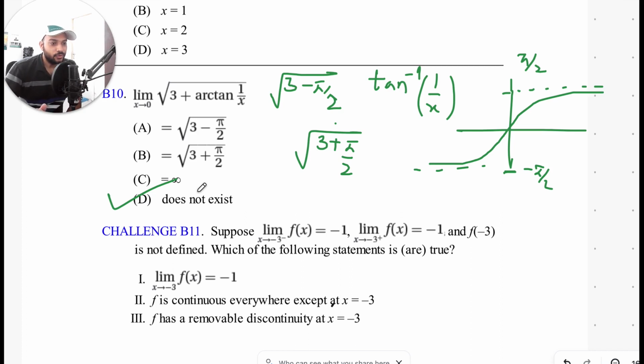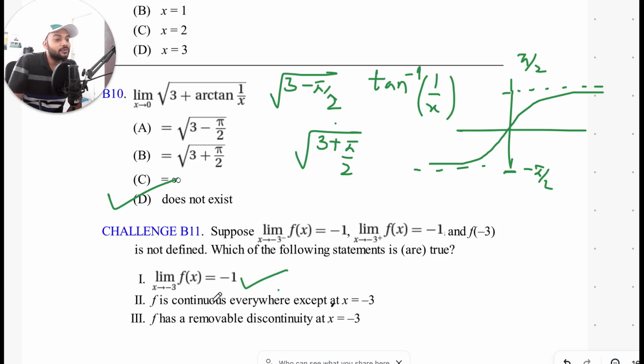Limit of x tends to -3 f(x) is equal to -1. Okay, we're trying to find the limit at -3. So -3 minus, -3 plus, both limits exist and they're equal to -1. So left hand limit and right hand limit exist. That means the limit exists and is equal to -1 at this point.